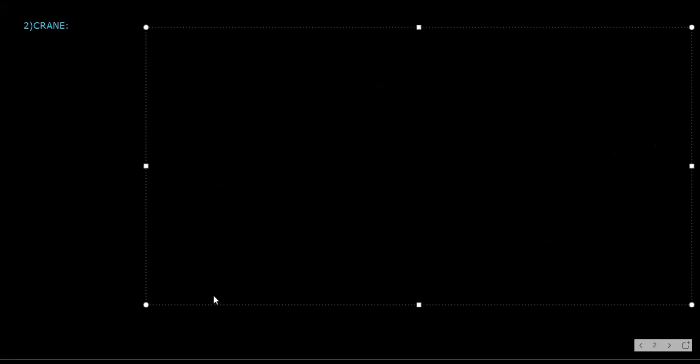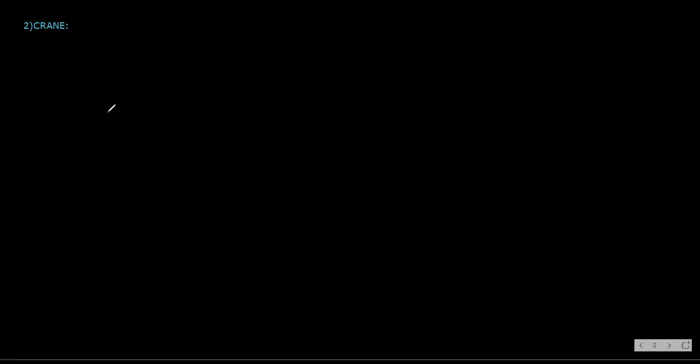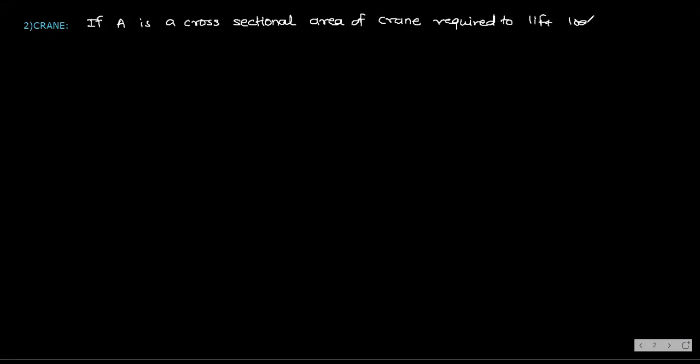Understood? Okay. Now suppose A is the cross-sectional area of the crane wire required to lift the load mg.